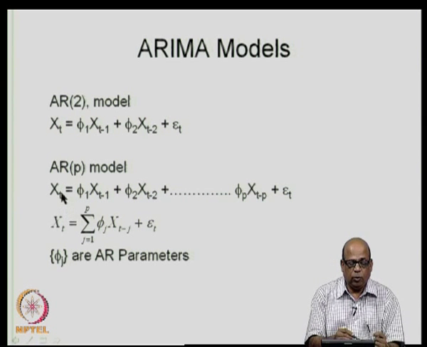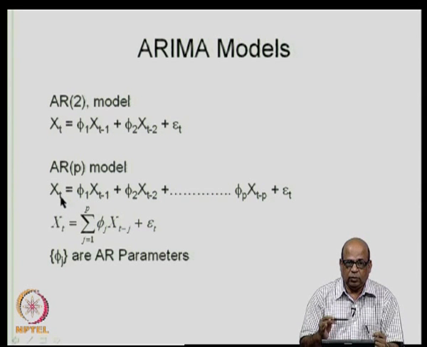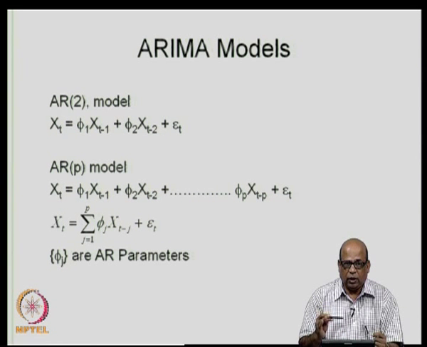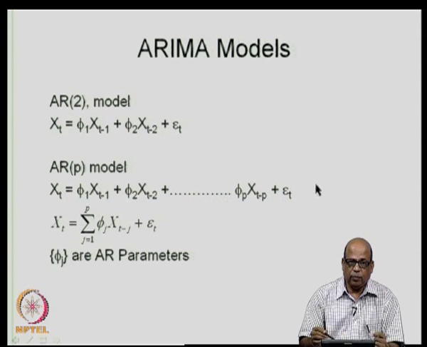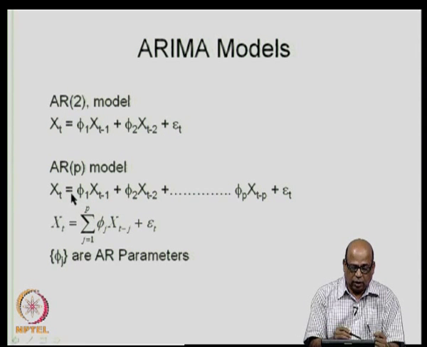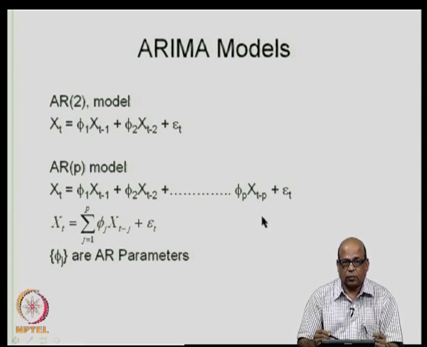So, if x t denotes the flow at a particular month, let us say you are talking about the stream flow in the month of June, and this is a monthly time series, you may write that as phi 1 x t minus 1. Let us say x 12 is equal to phi 1 x 11 plus phi 2 x 10 and so on. So, you are taking previous terms.